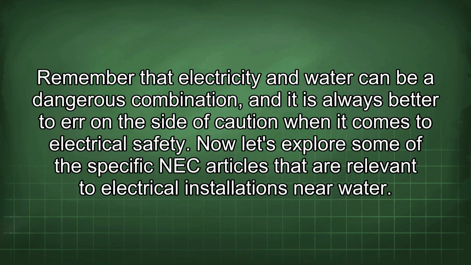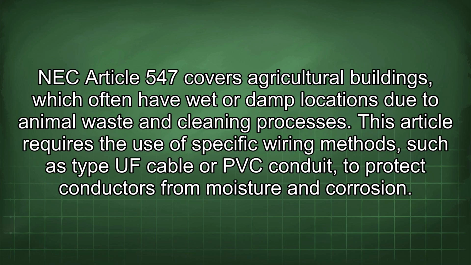Now let's explore some of the specific NEC articles that are relevant to electrical installations near water. NEC Article 547 covers agricultural buildings, which often have wet or damp locations due to animal waste and cleaning processes. This article requires the use of specific wiring methods, such as type UF cable or PVC conduit, to protect conductors from moisture and corrosion.